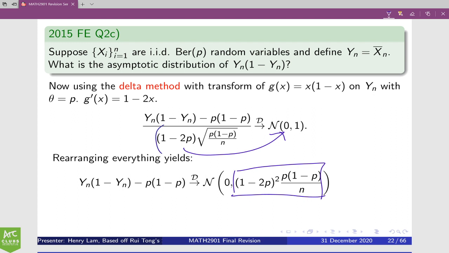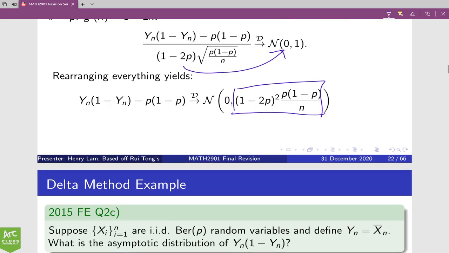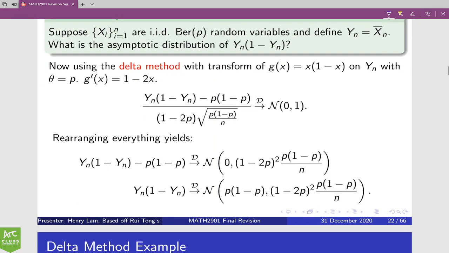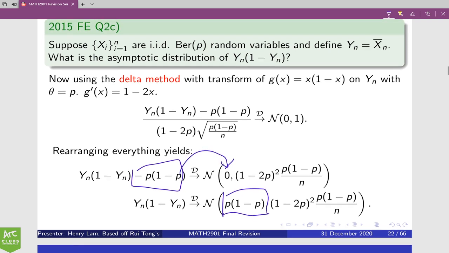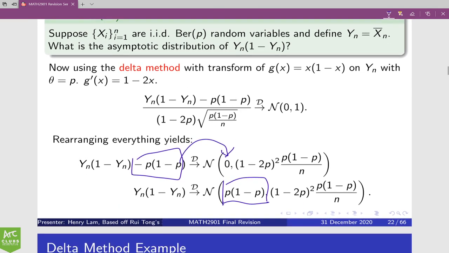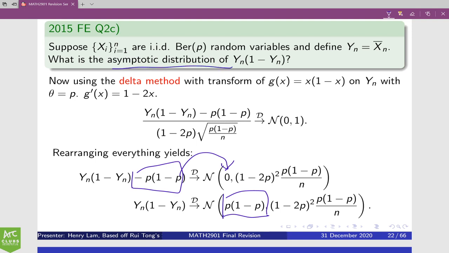As you can see, it's just this square. It's a nice property of normality. And for the mean, the constant term, you just shift over. You bring this thing into here, and so you have this. Just properties of normality.